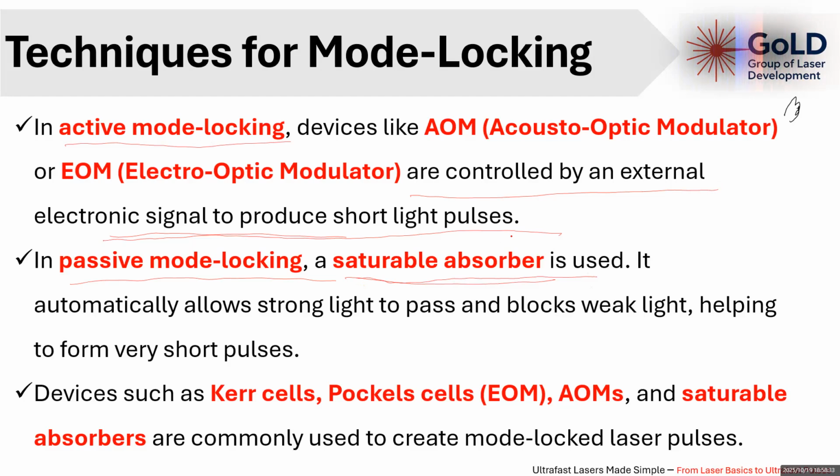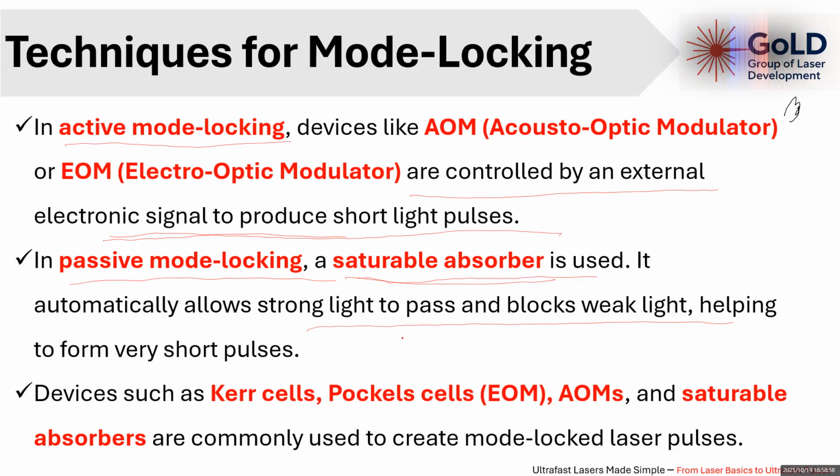A saturable absorber is a dye material, liquid actually, and it has certain characteristics, like the bleaching effect: it absorbs the light and then lets the light pass through. So it's very effective to generate short pulses.